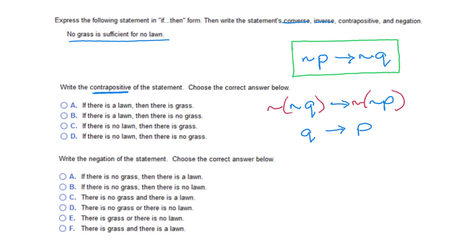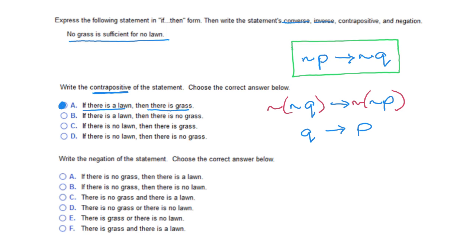And this would be, if there is a lawn, then there is grass. So the answer would be A. If there is a lawn, which is Q, then there is grass, which is P.